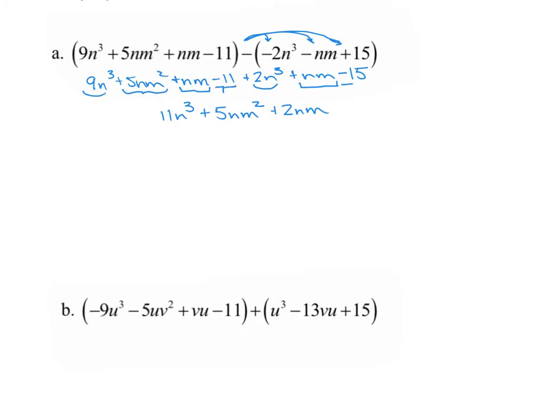And negative 11 and negative 15 combine to give me negative 26. And we're done at that stage.